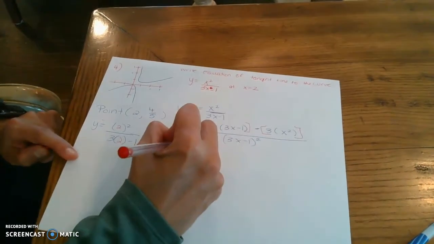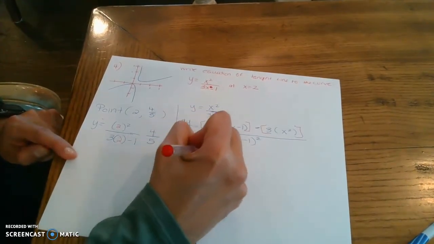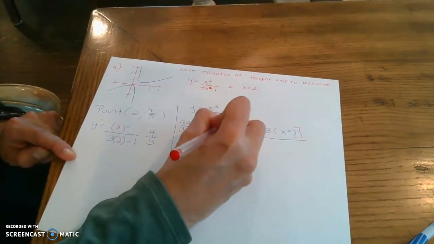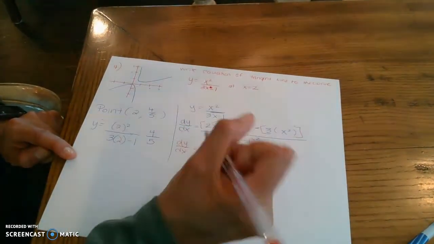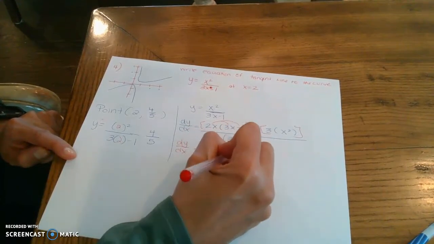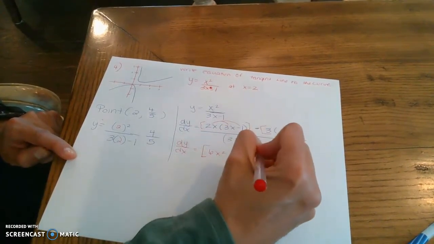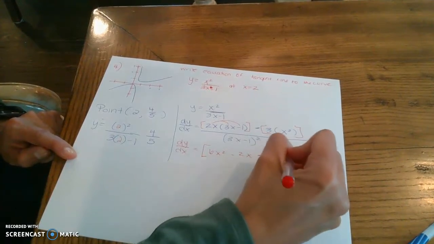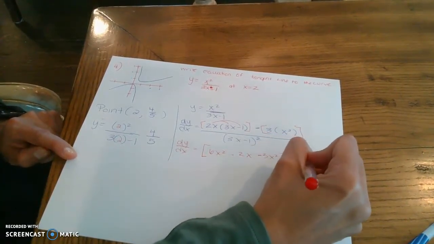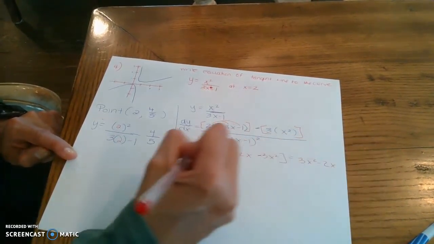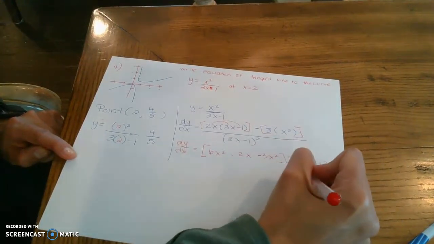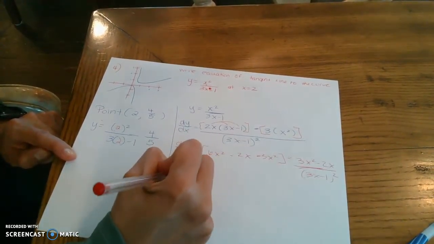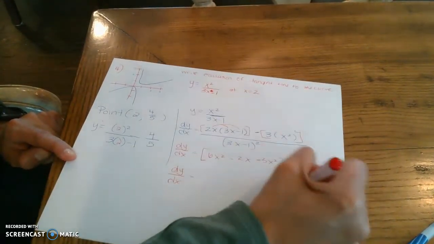Here, I can clean it up, and sometimes you don't have to because you're evaluating this, but if this one's easy enough to clean up, I get 6x squared minus 2x minus 3x squared. And when you clean that up, you just get 3x squared minus 2x, all over 3x minus 1 squared. So your derivative is this right here.